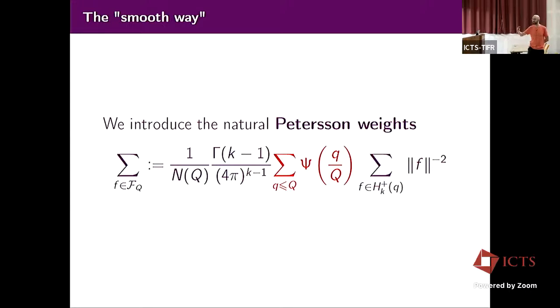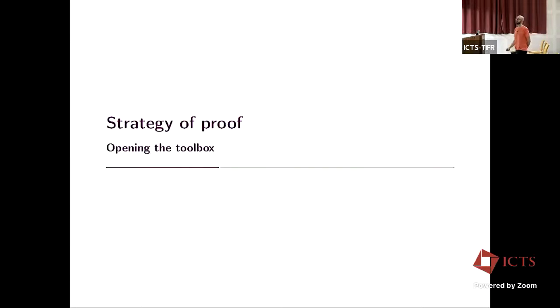So just a bump function psi of q over Q that truncates q less than Q smoothly. And then you have the natural Petersson weights that appear in the Petersson trace formula, because you see it coming. It will be used in a trace formula setting. And it's an average, so I divide by the same sum of ones. Well, exactly that sum.